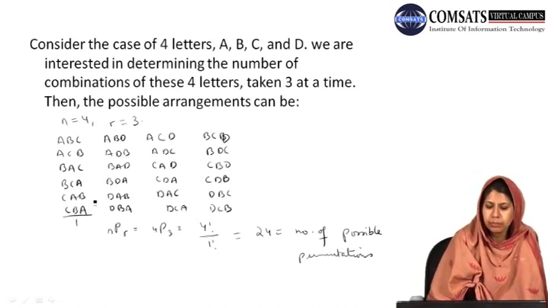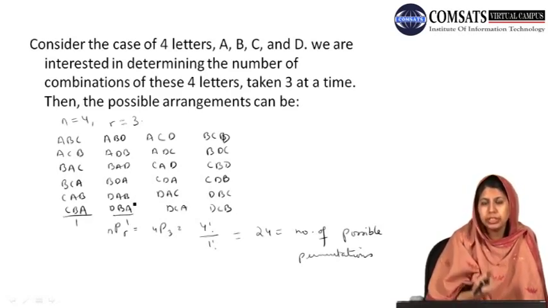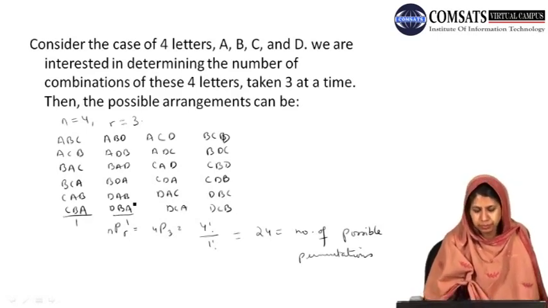Looking at our second column, all the possible arrangements have used the same 3 letters A, B and D, which means that according to the definition of combination, this will give us only one combination, because in combination order does not matter.